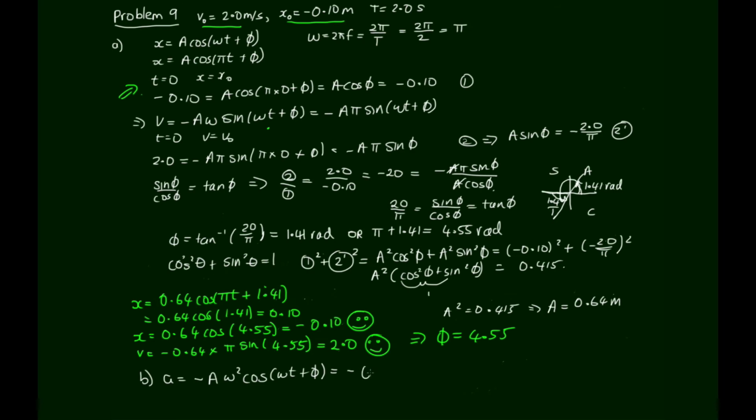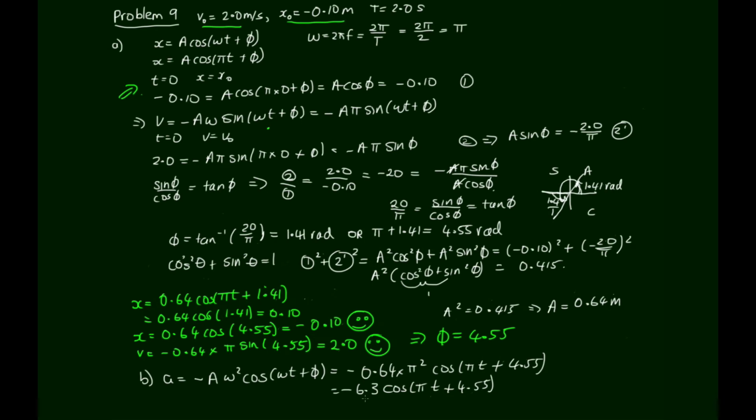So we've got minus 0.64 times omega squared, so that's pi squared, cos pi t plus 4.55, and so that is equal to minus 6.3 times cos pi t plus 4.55. And so that's the answer to this one.